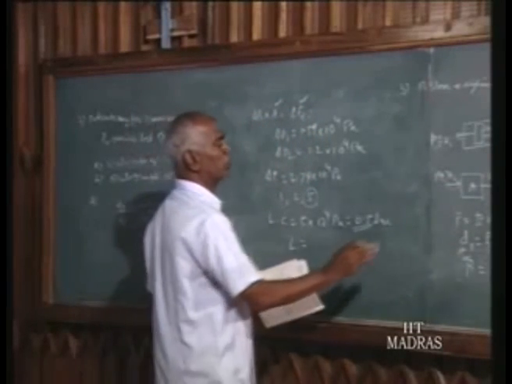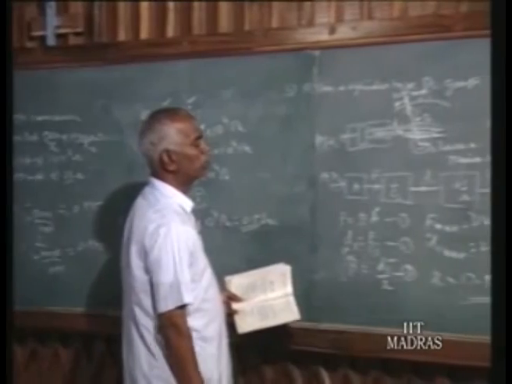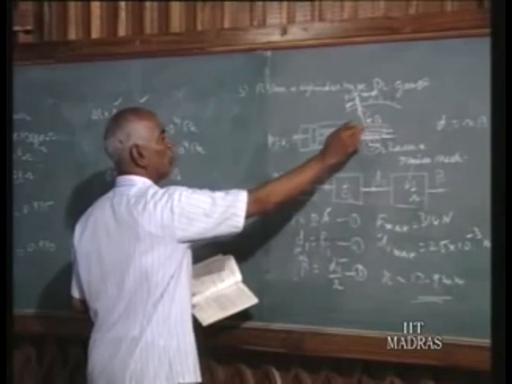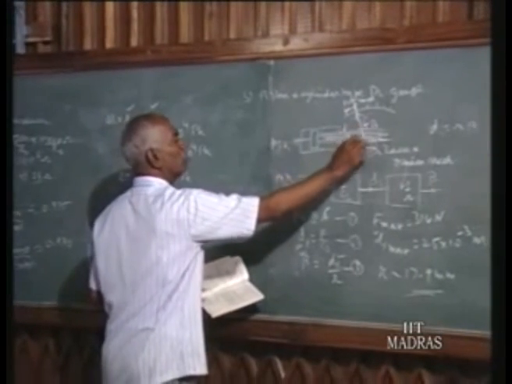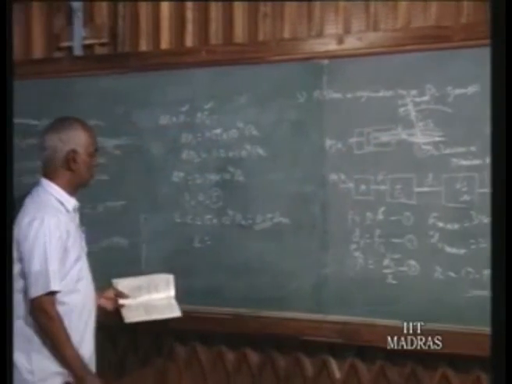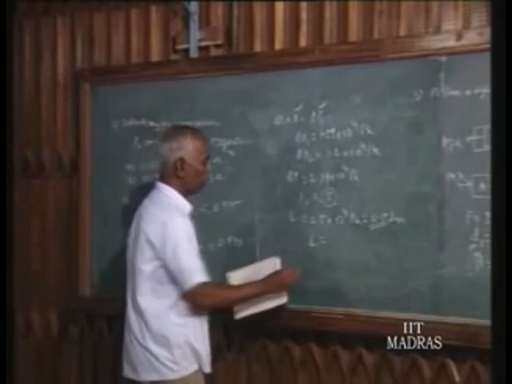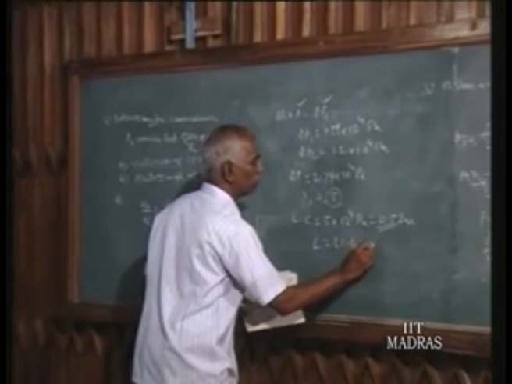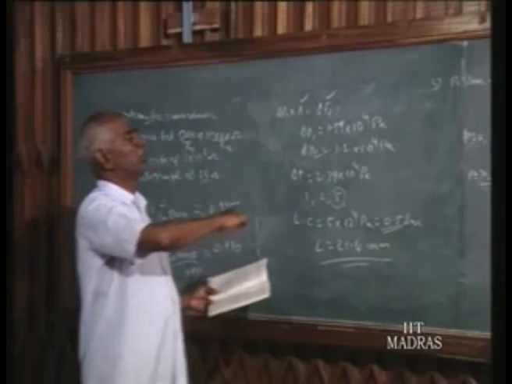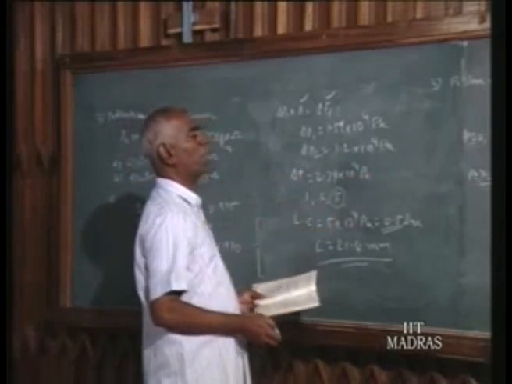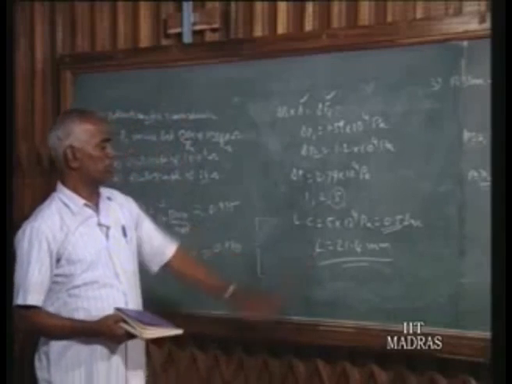For the whole instrument you can get the gain. From the gain we know for the 0.5 input pressure what beta should be, then L into delta beta is equal to our length. So L comes to about 21.4 millimeter. Converting this least count in terms of beta, that is the output angle, we can calculate this L.